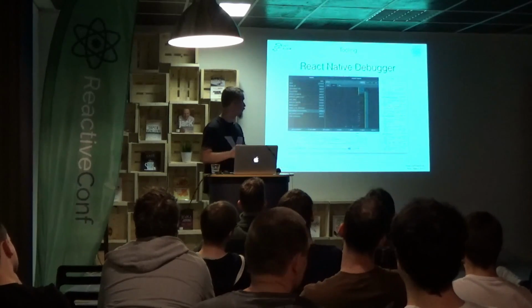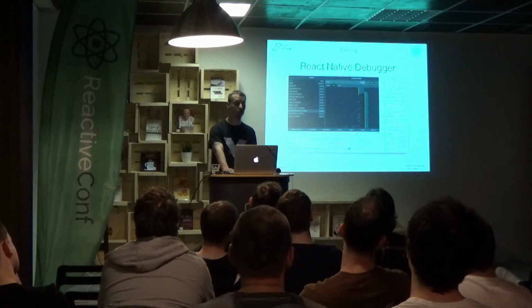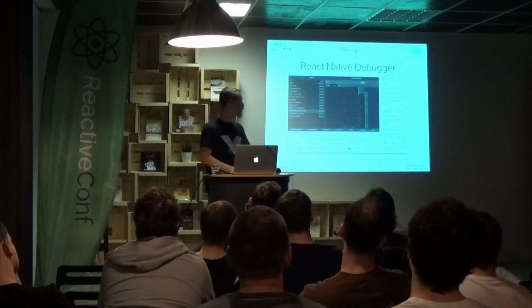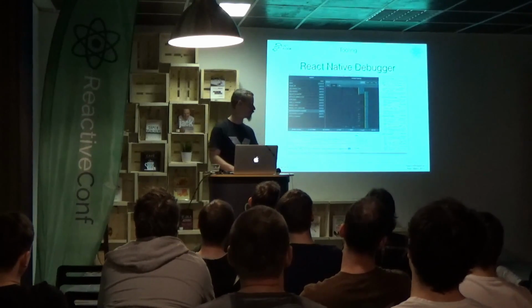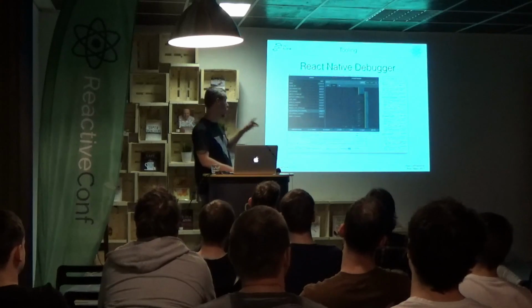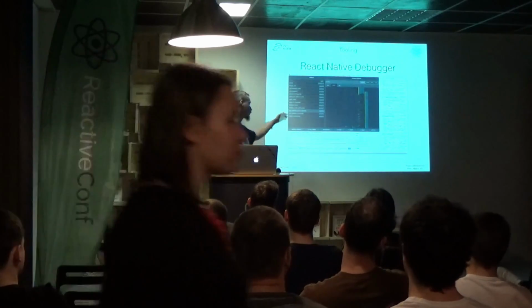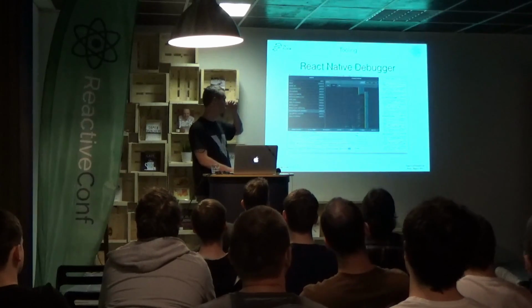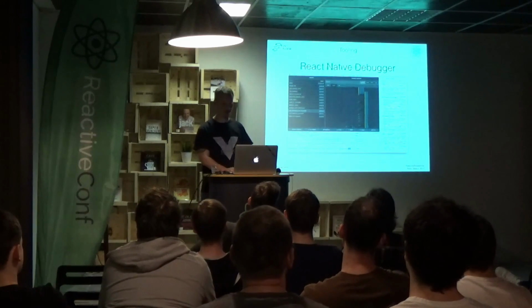There is a custom application, the React Native debugger. It's much better than the inspector. It's just a Chrome package with a bunch of React debugging extensions. It's really neat. So you can look through the whole virtual DOM, search by components, and inspect the Redux store. There still is the console.